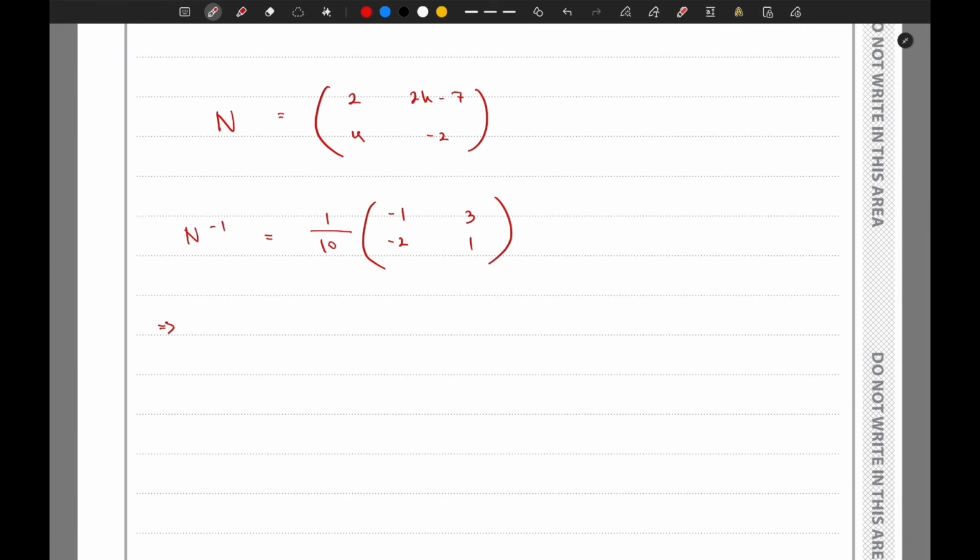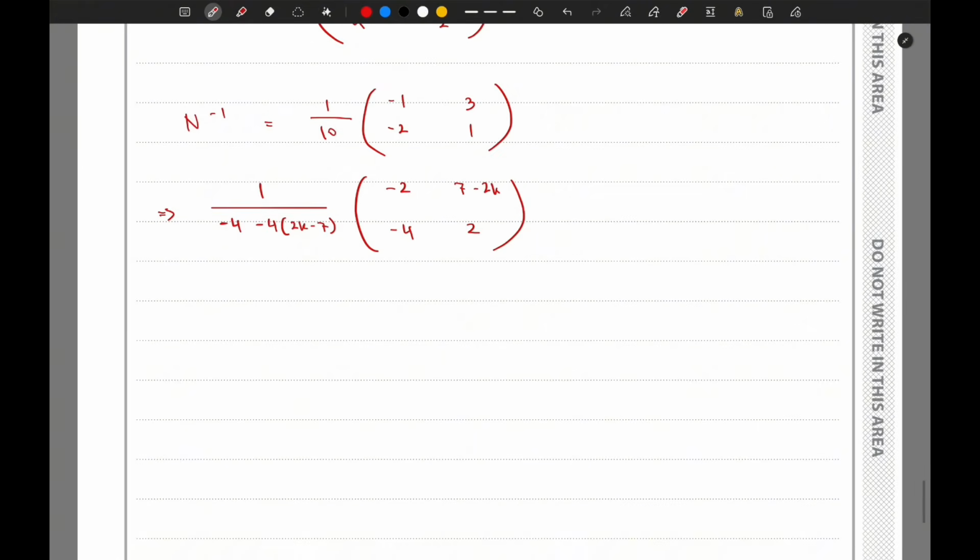And I can write N inverse as 1 over minus 4 times minus 4 times 2k minus 7 multiplied by minus 2 and 2 and minus 4 and 7 minus 2k is equal to 1 over 10 times minus 1 and 3, minus 2 and 1.